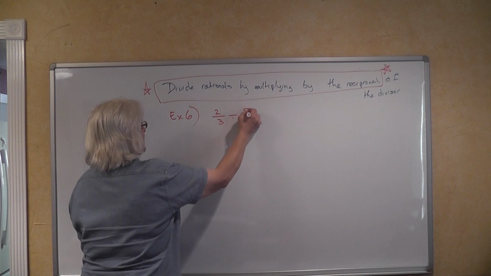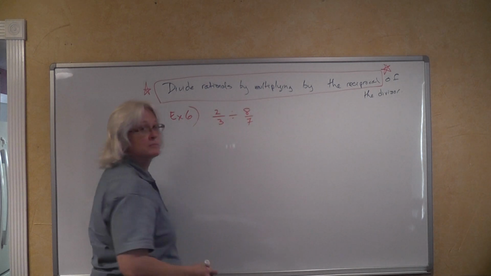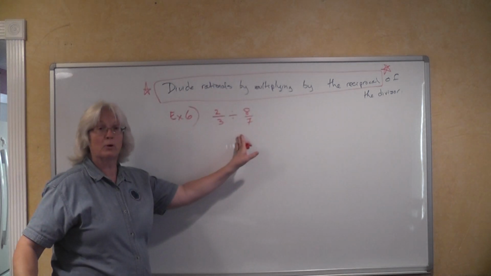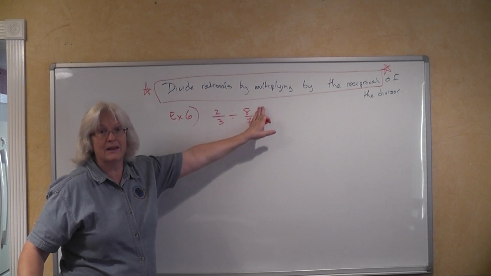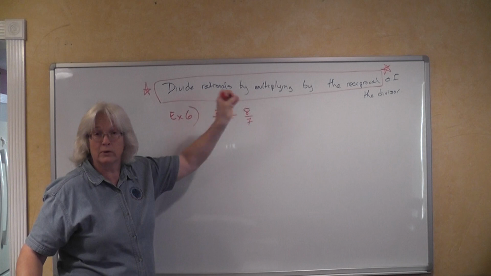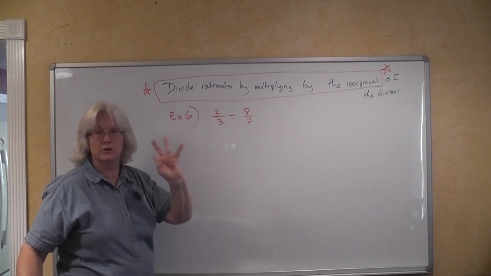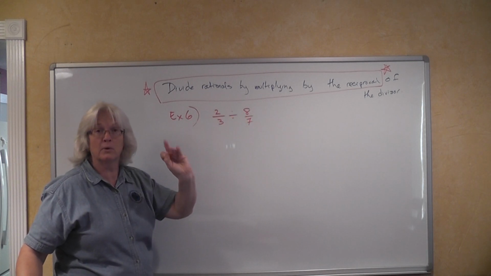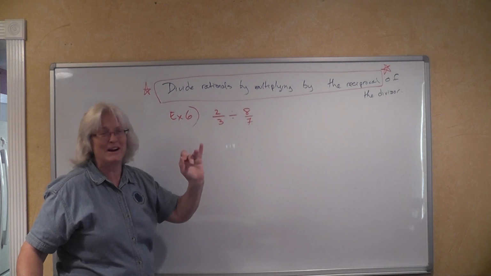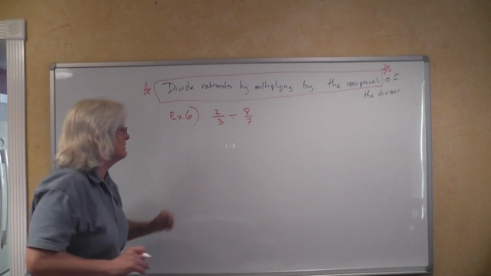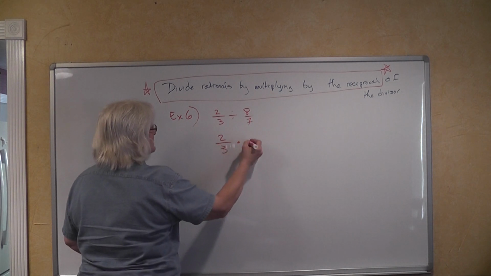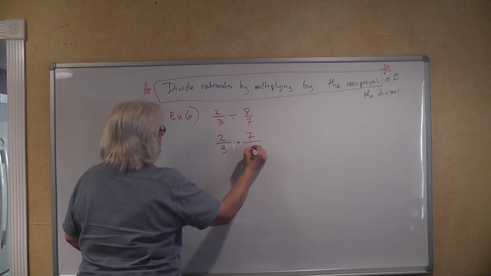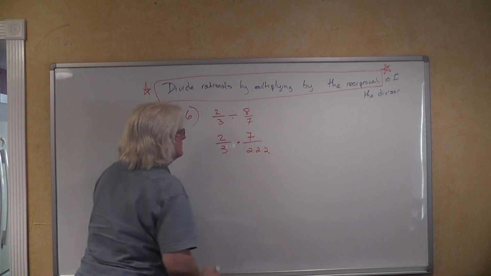2/3 divided by 8/7. 2, 3, and 7 are prime numbers. If you don't already know this, you'll learn it really quickly that 8 is 2 cubed. It only has a prime factor of 2, and it's used 3 times. 2 times 2 is 4, times 2 is 8. So we're going to multiply by the reciprocal of 8/7. 7 over 2 times 2 times 2.